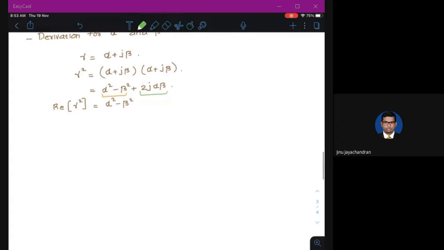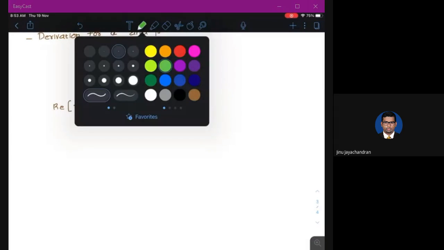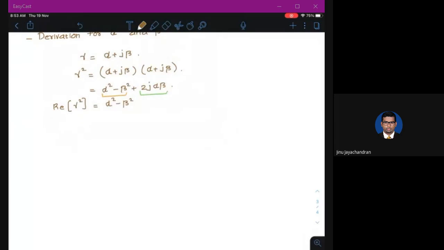Now let's do the magnitude of gamma square, which is the square root of the sum of squares of the real and imaginary parts. So I can write this as root over alpha square minus beta square the whole square, which is the square of the real part, plus 2 alpha beta the whole square, which is the square of the imaginary part.